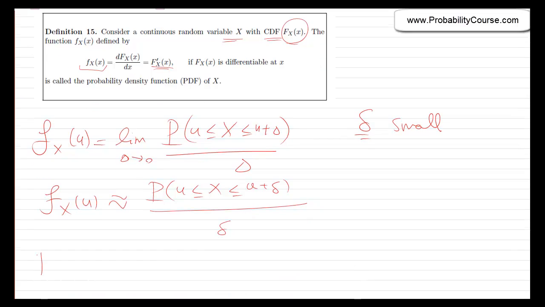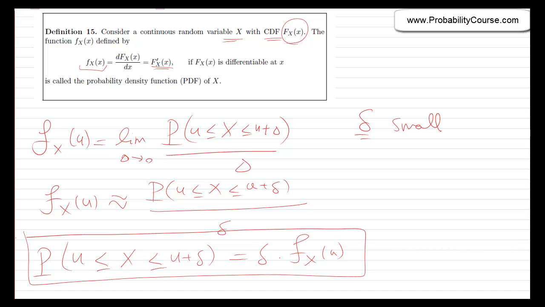In other words, if I want to find the probability that x belongs to the very small interval from u to u plus delta, I can look at this probability density function and multiply it by the length of the interval. Again, this is consistent with our intuition that the probability density function is the density of the probability.